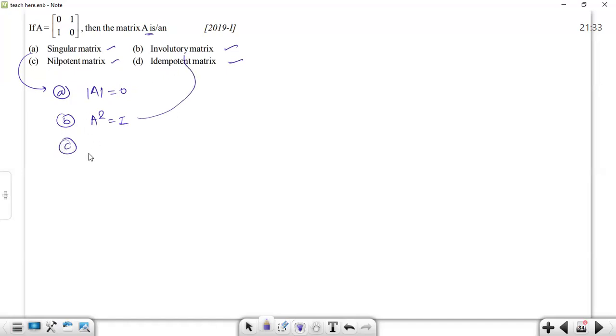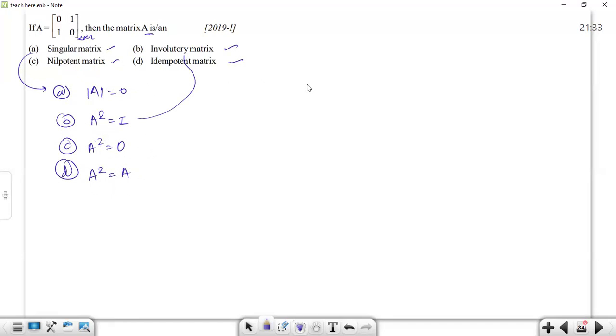If A raised to the power of its order, which is 2 here, so A square becomes the null matrix, then it is a nilpotent matrix, and it will be an idempotent matrix when A square remains as A.